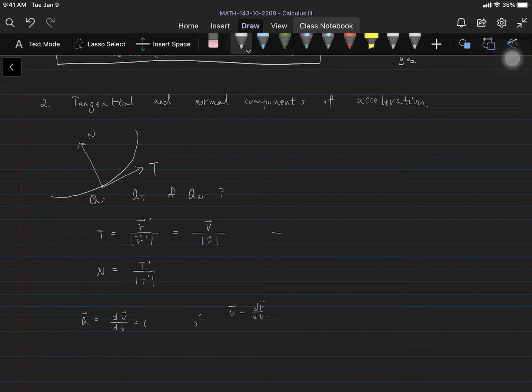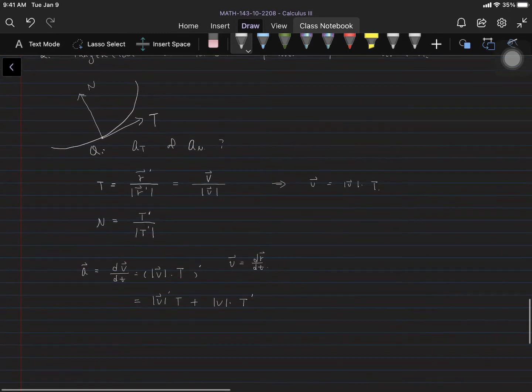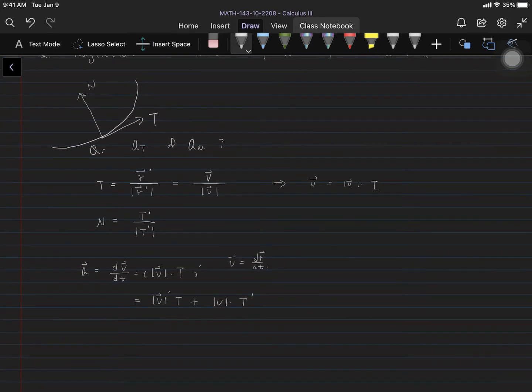And from here we can say the v vector equals the v length times T. So we write it this way, the v length times T. And next, we're going to use the product rule, which is the v length derivative times T plus the v length times T prime. So this is the acceleration.